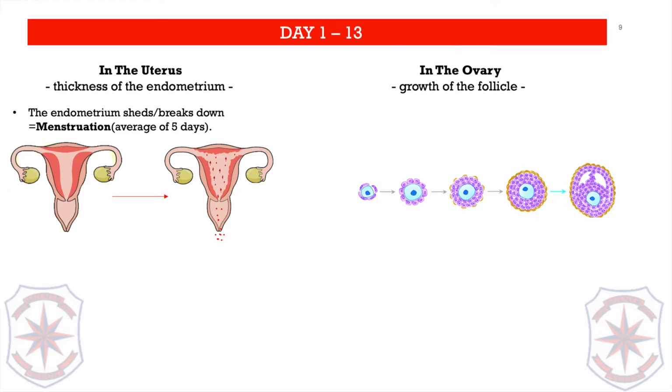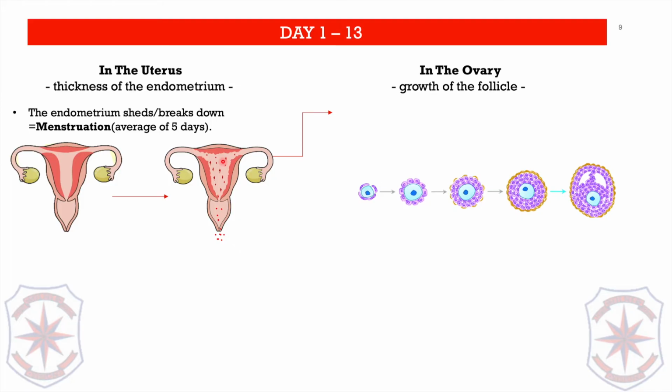So that is menstruation. All right. Now, after menstruation, the endometrium will be thin. Remember, our goal is to make the endometrium thick so that implantation can occur.